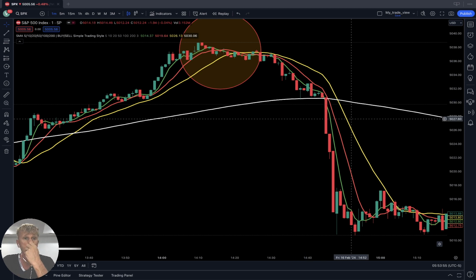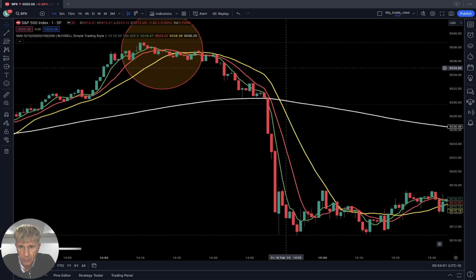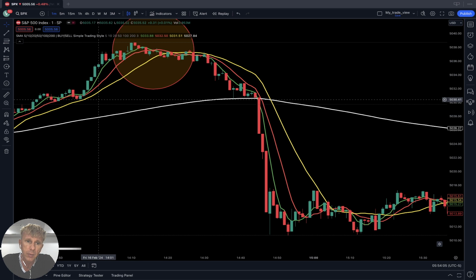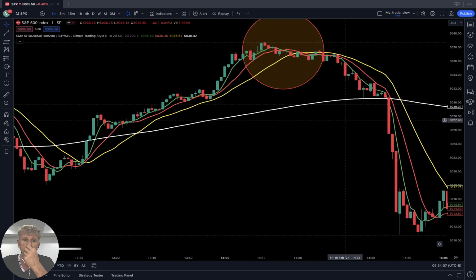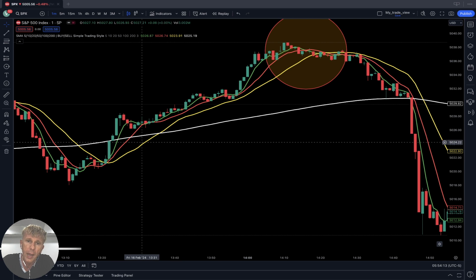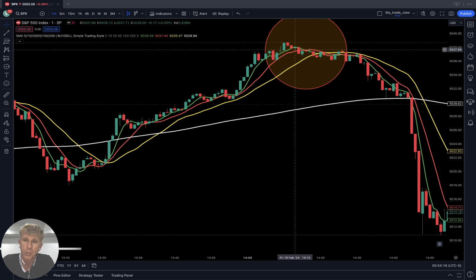This is 1 minute. 1 bar, 1 minute. And since that time, you see all the moving averages direction is down. Even 200. You see, when moving averages 5, 10, I mean green, red, yellow, even white, were all in uphill direction, it means it was bullish.